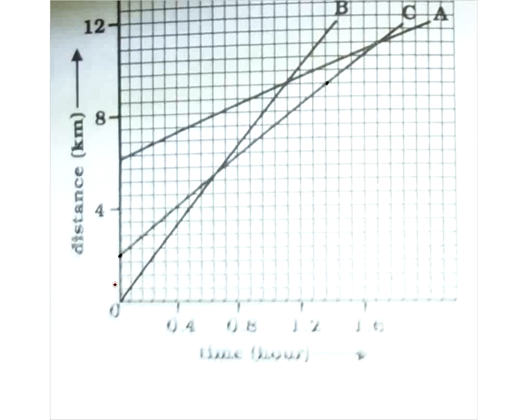That is the place from which their positions were recorded. But time cannot be negative, right? So what does it mean? It means that everybody has not started from 0 point.